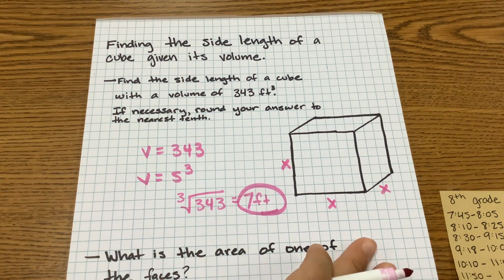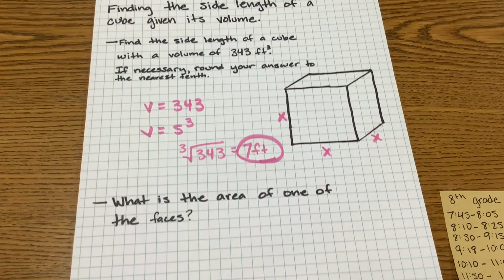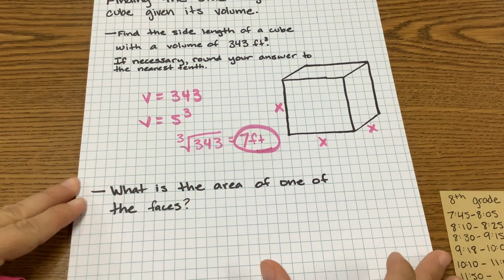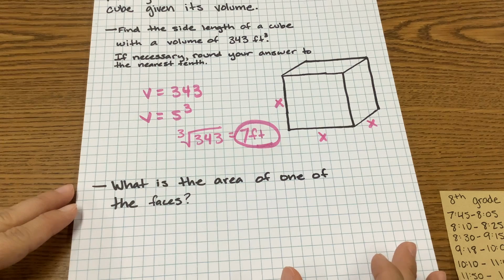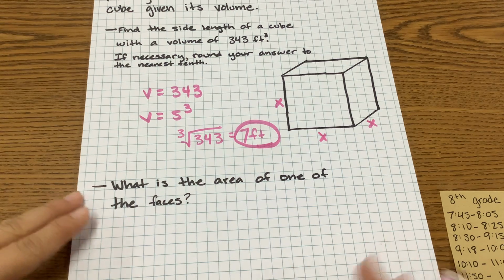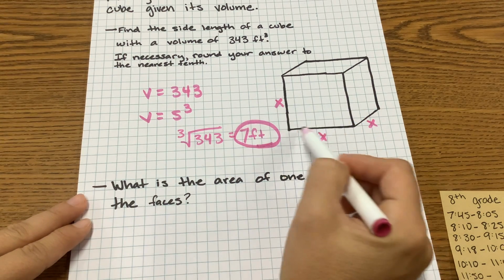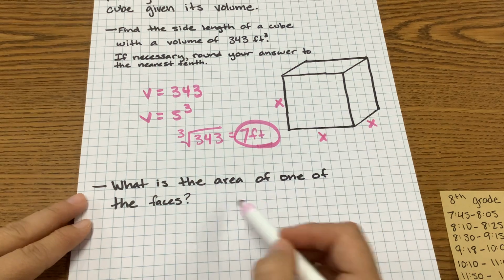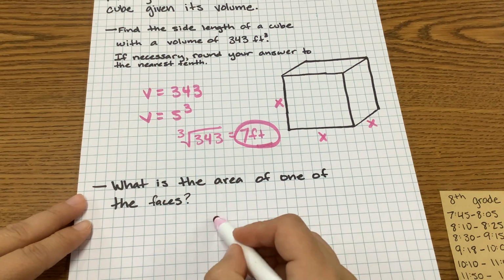Okay, let's say we take this exact same cube and we ask, what is the area of one of the faces? Well, how do you find the area? In the face here, it has to be a square because all side lengths are equal to each other. So how do you find the area of a square?